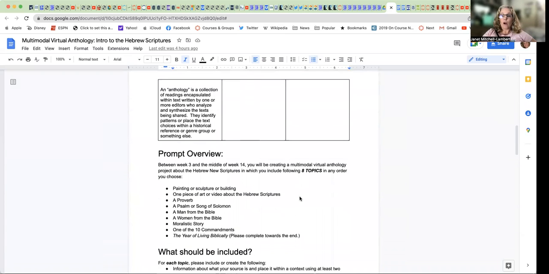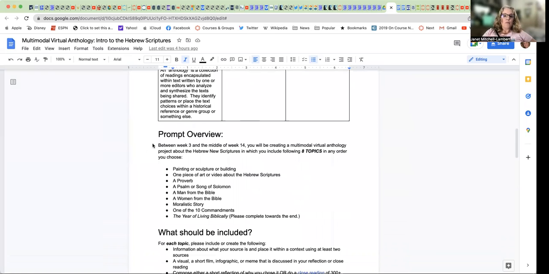So here is our prompt overview. Between weeks 3 to the middle of 14, you're going to be creating a multimodal virtual anthology project about the Hebrew Scriptures in which you include the following 8 topics in any order you choose. A painting or sculpture or building. You can use visuals found in your textbooks or some that you find on your own.